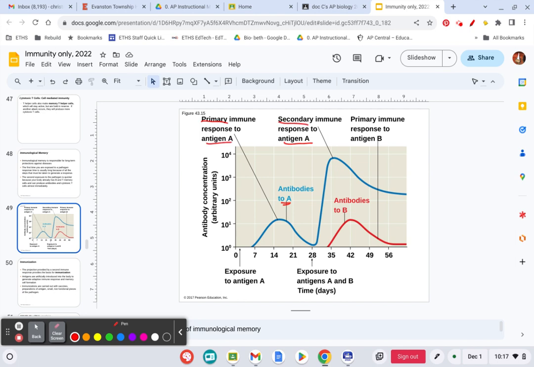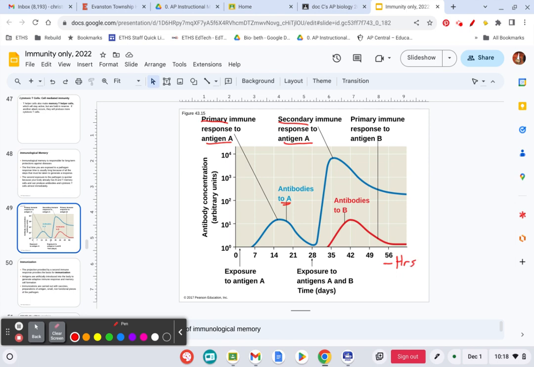So in the first example, it takes quite a while to get a lot of antibodies. I don't know if this is hours or days. This is where it's important that you label your axes. It must be hours, right? It couldn't be days. Yeah, it has to be hours.